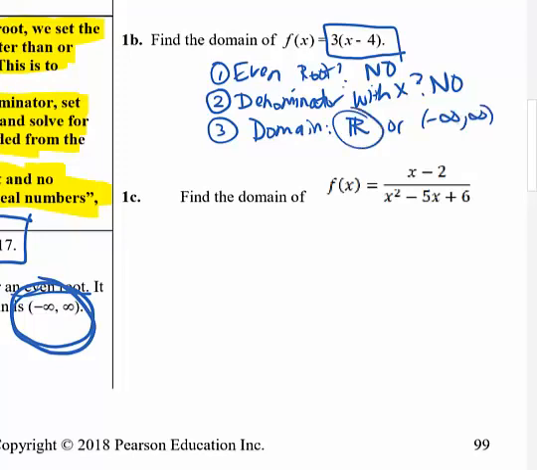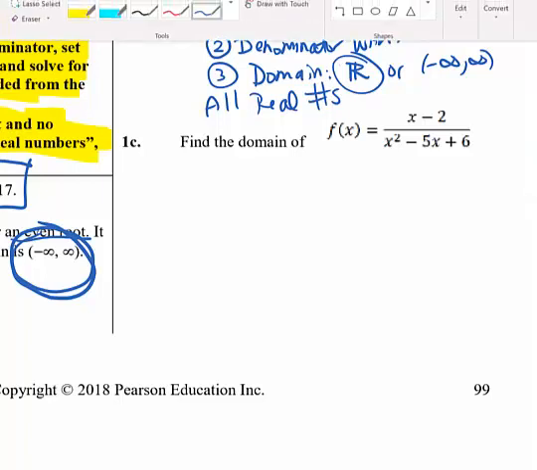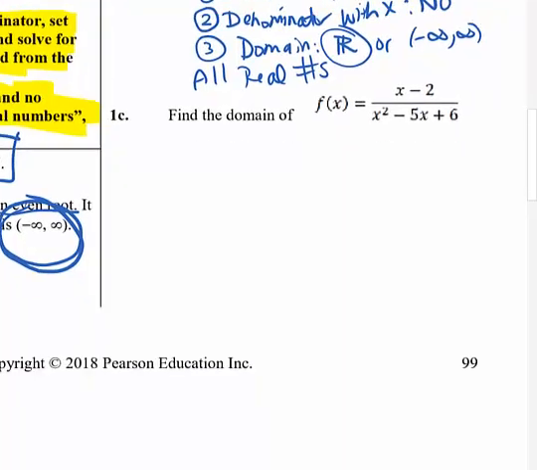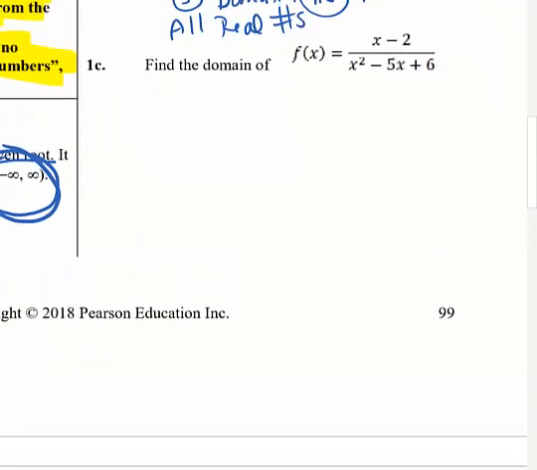This is just a quick way to write all real numbers, or you could write it in words, all real numbers. So number 1 part A and number 1 part B are the same answer. The functions look different, but the main thing is neither of them have any even roots and neither of them have a denominator, so they're all real numbers.